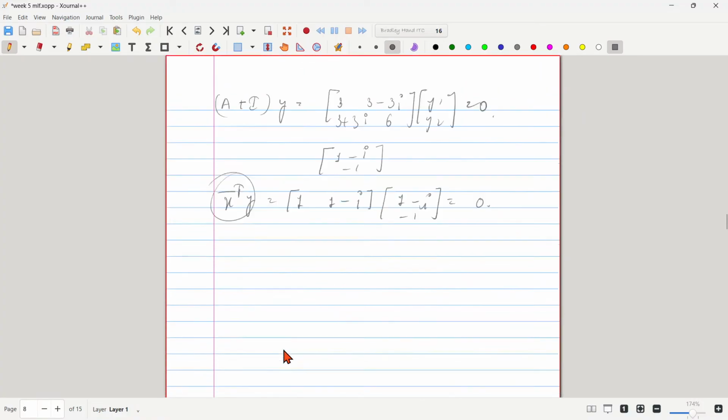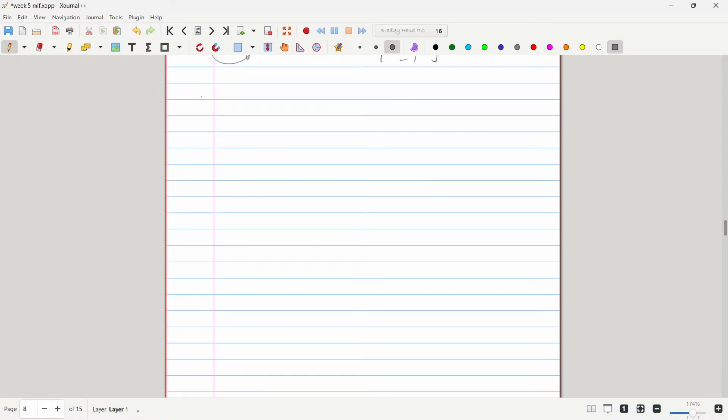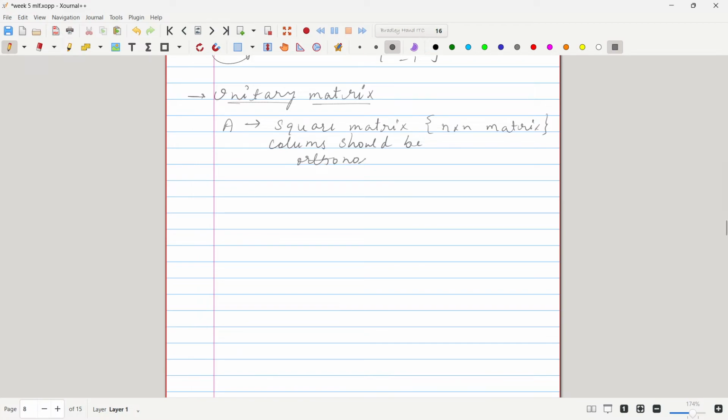Now the next topic is unitary matrix. A matrix is unitary if and only if the matrix is a square matrix, that means an n cross n matrix, and the columns should be orthonormal.